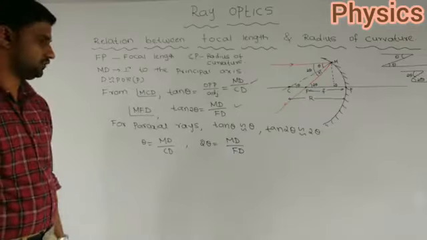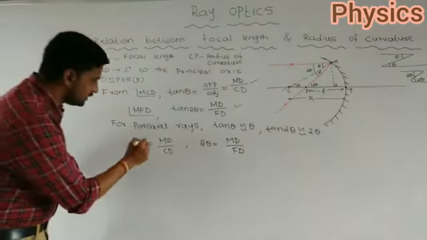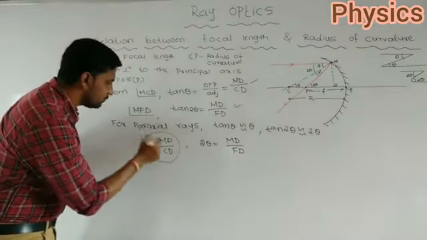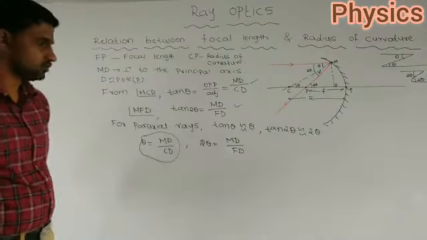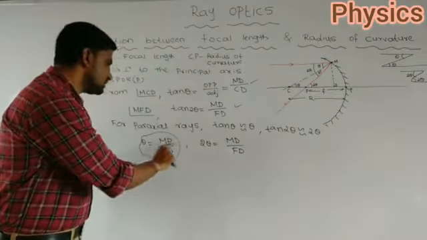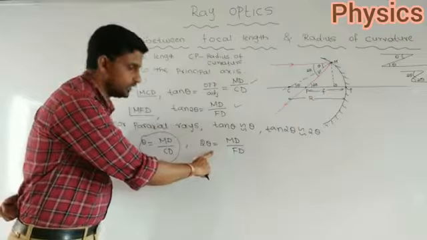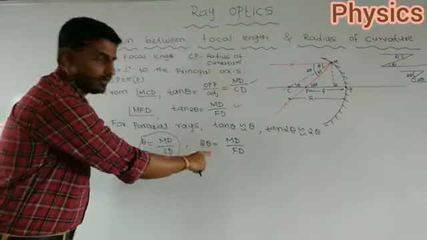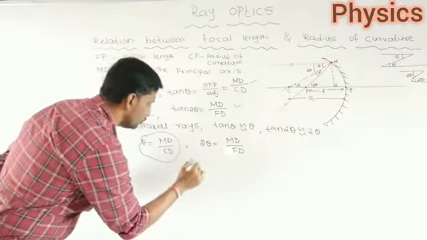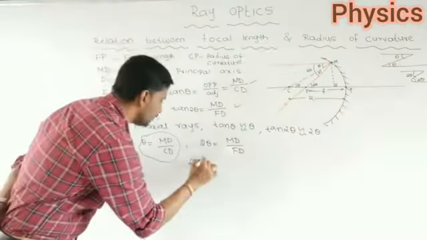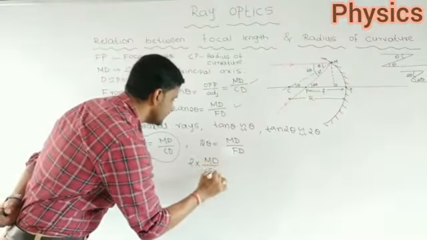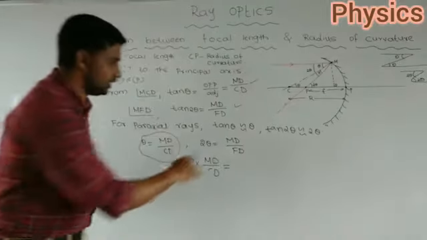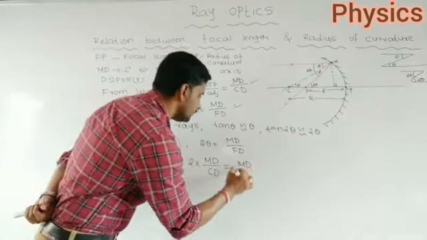But we know that theta is nothing but MD divided by CD. So I can substitute this theta in the term 2 theta. Substituting this theta here, I will get 2 into MD divided by CD is equal to MD divided by FD.